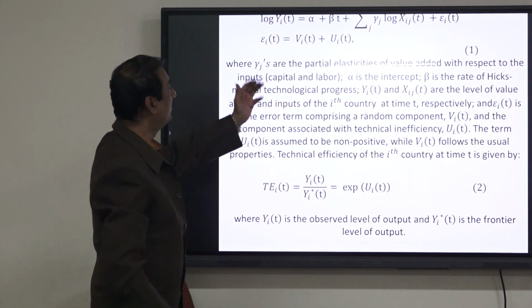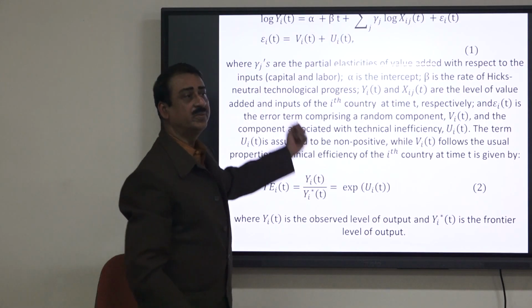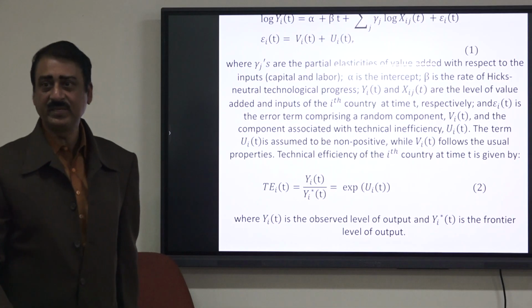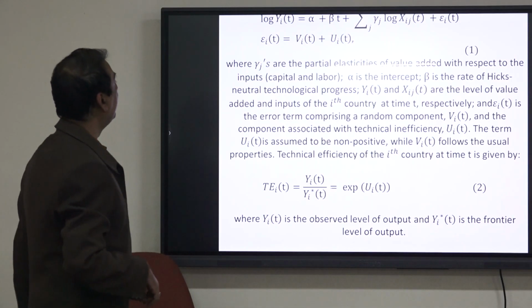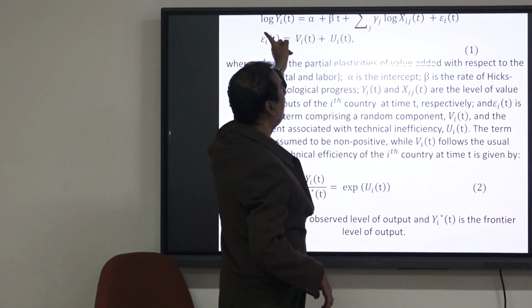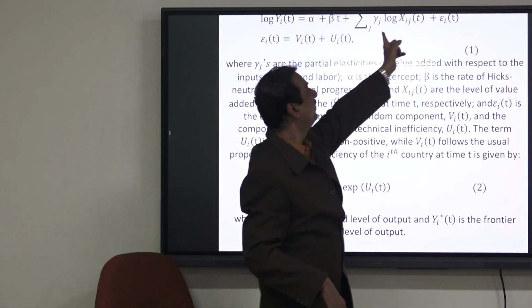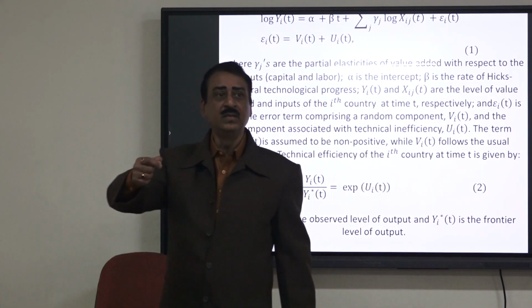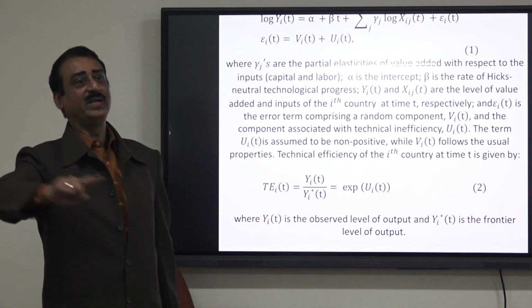Basically, in panel data estimation, the growth accounting and econometric methods I have explained to you. In panel data, what you try to do is first regress the log of output on the log of various inputs for each of the industries over a period of time.